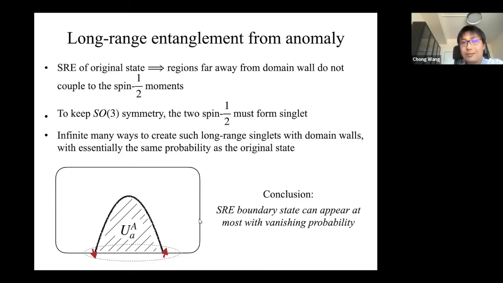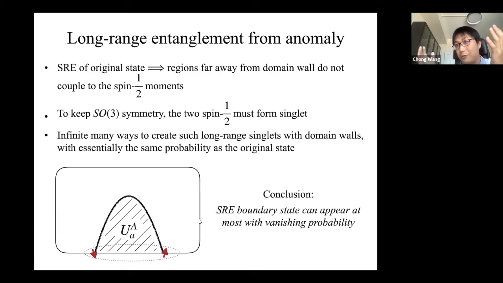So the conclusion is that if I do have this type of boundary anomaly, if I have a non-trivial bulk average SPT, the boundary with probability 1 in the thermodynamic limit has to be long-range entangled, at least with arbitrarily long-range singlets.